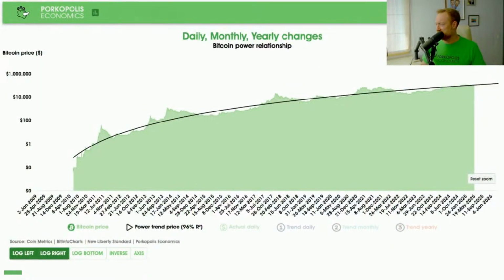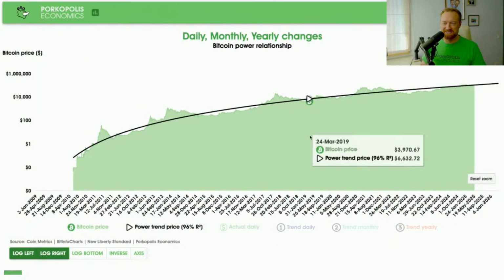But when you just look over time and you look at the price, obviously we have the beautiful power curve. And often when I speak about it, I'm trying to manually talk about the change in price each day. I figured it'd just be easier to show you on the chart.